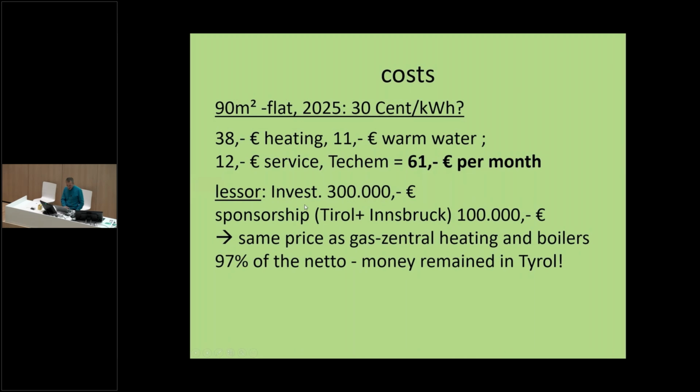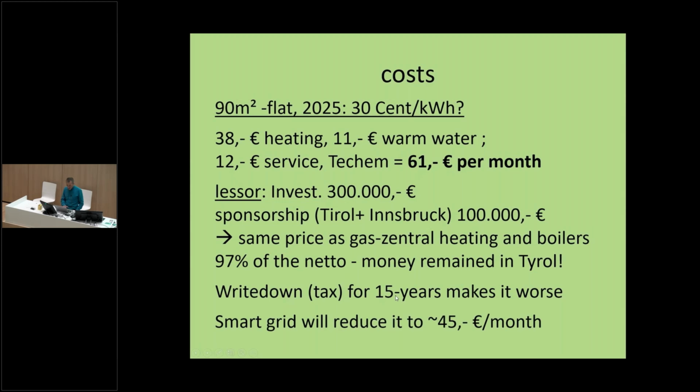The investment was 300,000. We got the sponsorship, or how is it called, subsidies of 100,000, and the whole money stays in Tyrol because it's a Tyrol machine and workers. And you have a write down for the tax, and the cost for the lessors will be reduced through smart grid at about 45 euros per month.